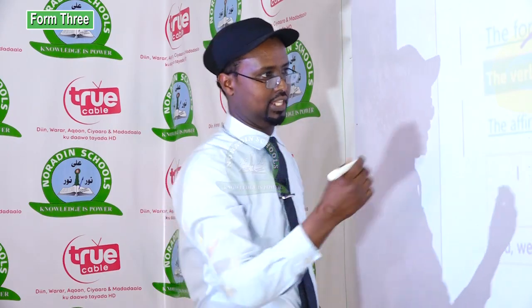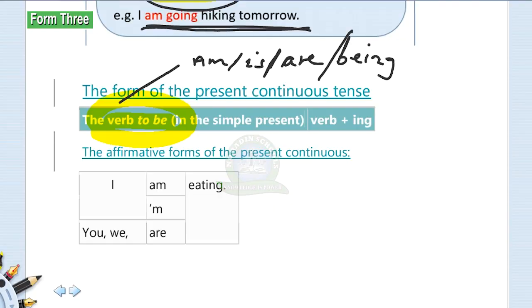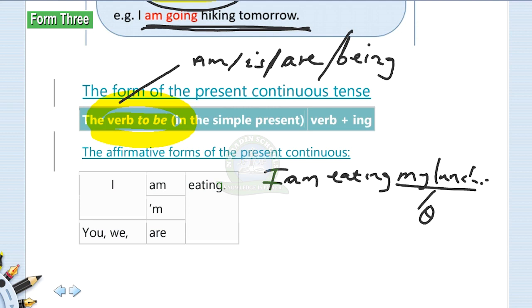Let's take a look at one example of active and passive. If I say, I am eating my lunch, I'm eating my lunch. In passive, the object of your active voice becomes the subject of your passive voice.